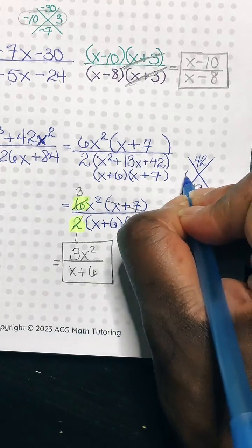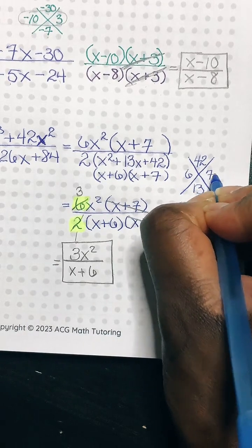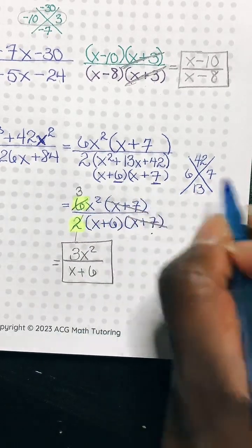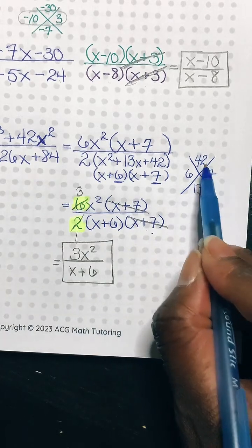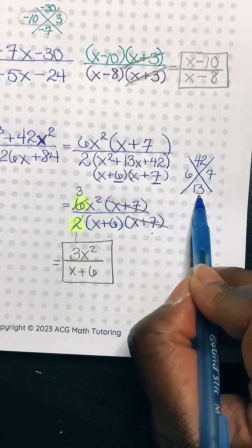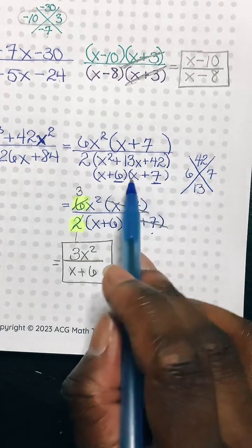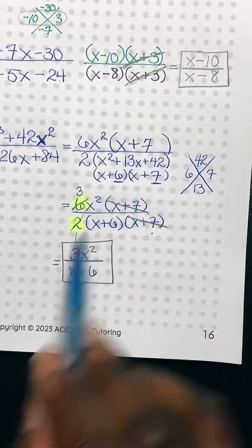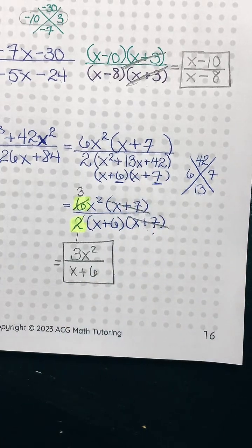So we figured that 6 and 7 are the two numbers we need to fill in, because 6 times 7 gives us 42 and 6 plus 7 gives us 13. So we're replacing this 13x with the 6 and the 7. Okay, so that's what happened.